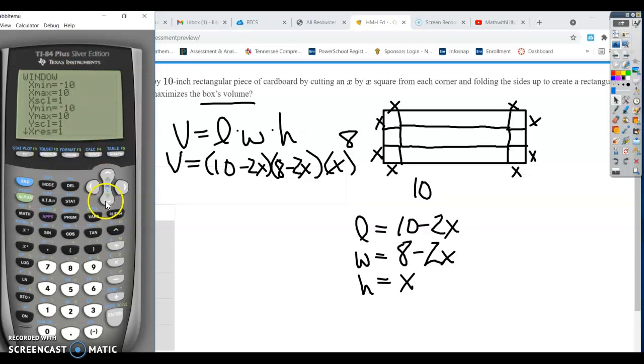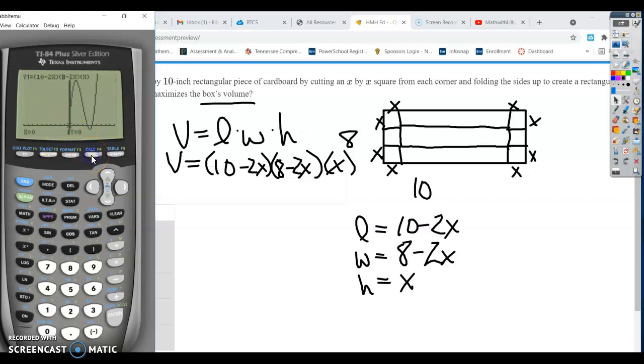So we're going to come down here to y's, and let's just jump up to about 50. Let's see what happens. All right, we can almost see the top now. We still can't see the top, but we can almost see the top. So let's go a little bit higher. And now we can see the top.